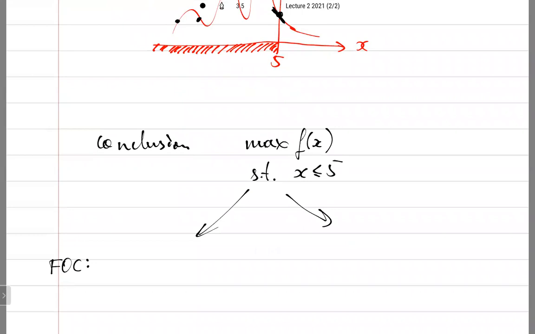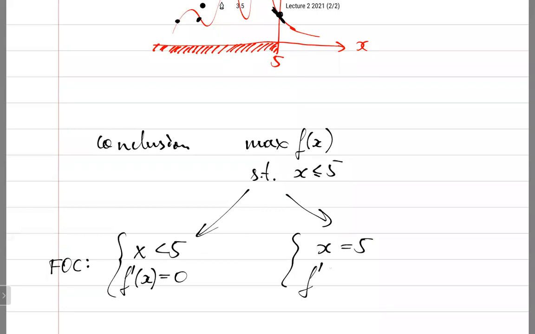Either x is less than 5, and in this case f prime of x should be 0, or x is equal to 5, and in that case f prime of x can be positive. Okay? Yeah, we have discovered the first order condition for this simple problem.